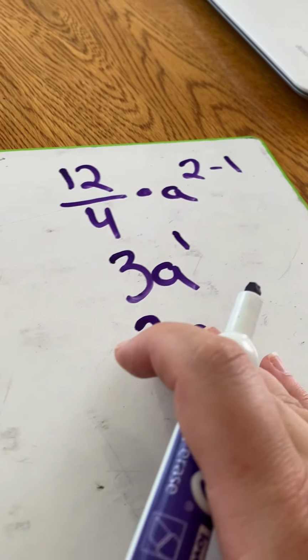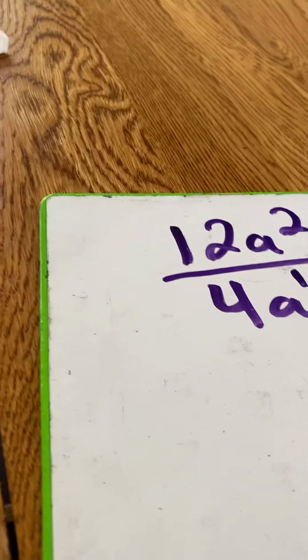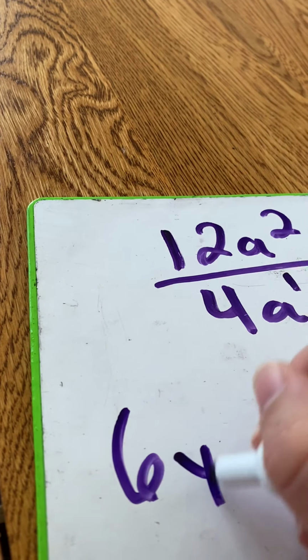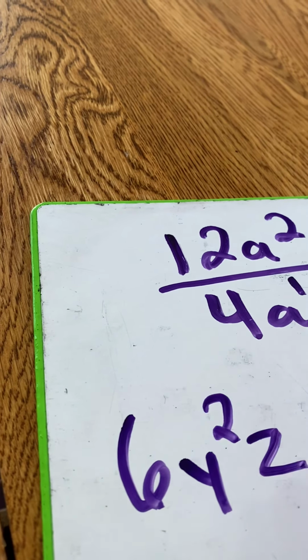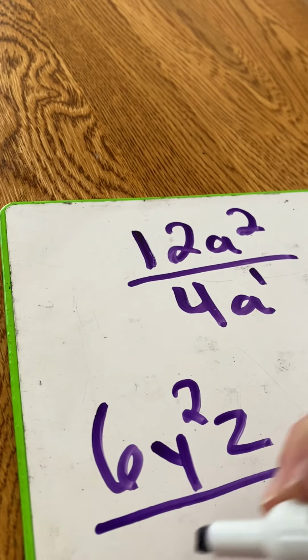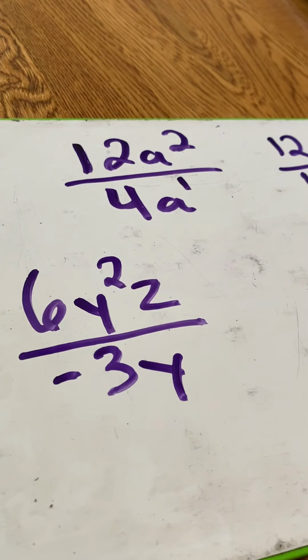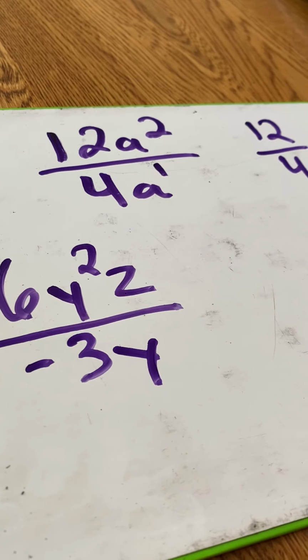Our second one that we are going to look at is 6y squared z over negative 3y. All right, so essentially we're going to do the exact same thing we were doing.